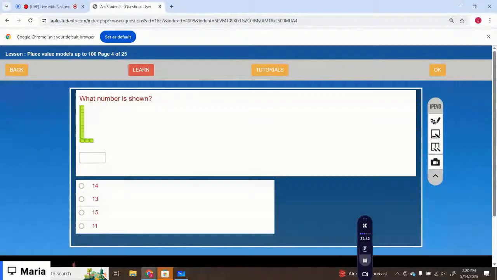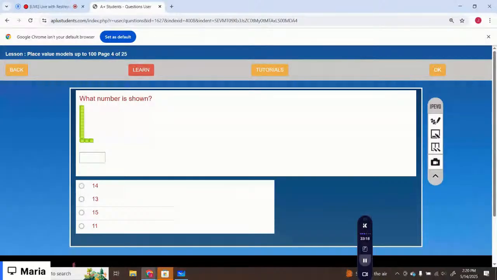What number is shown, which is the correct option? So we have 1 ten and 3 ones.